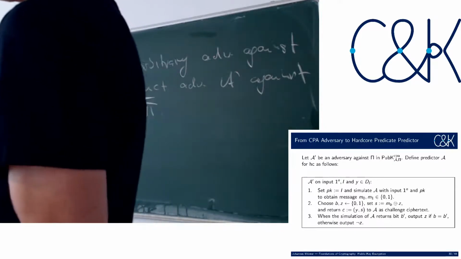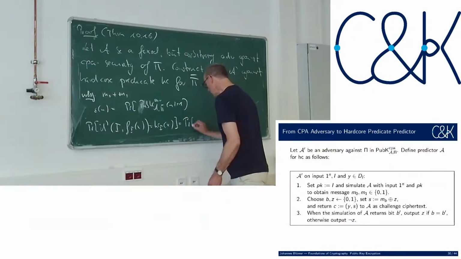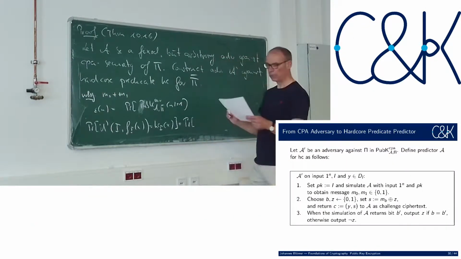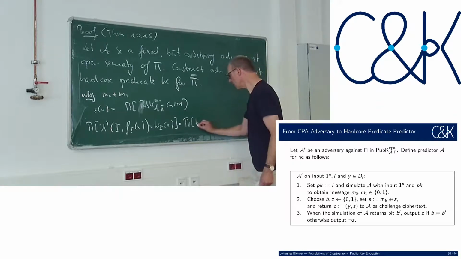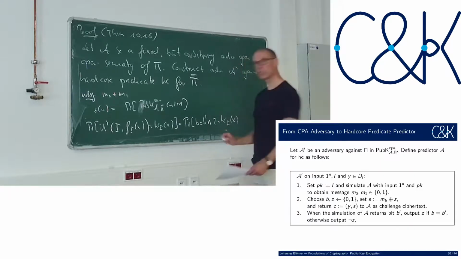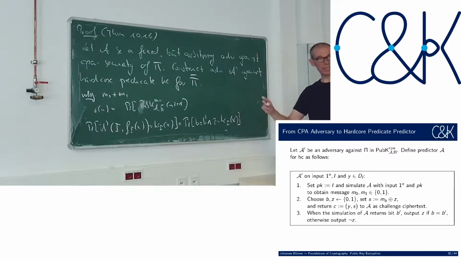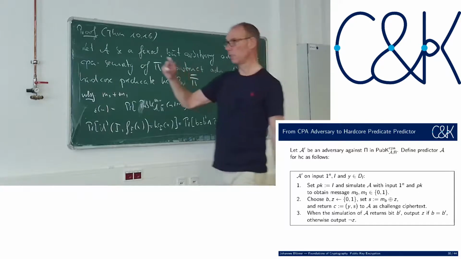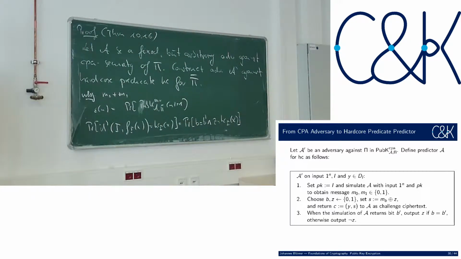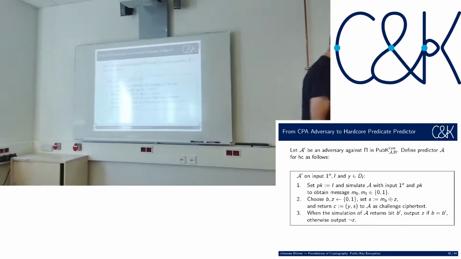we partition it. So what is this doing? This is the probability that B is equal to B prime and Z is equal to HC_I of X. We output the right thing if B is equal to B prime, then Z must be HC_I of X. That's the one case in which we output correctly.